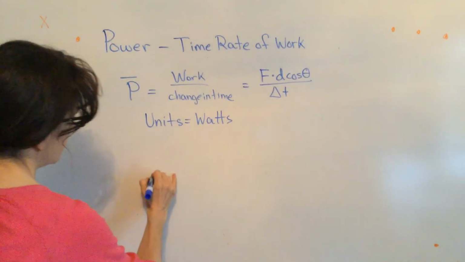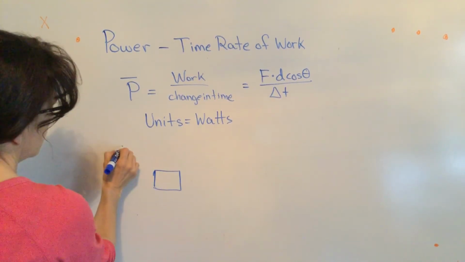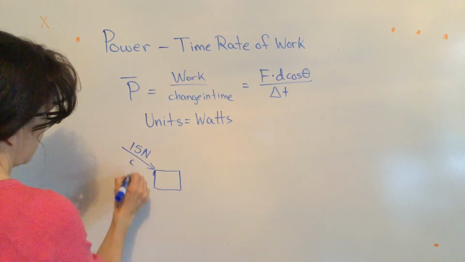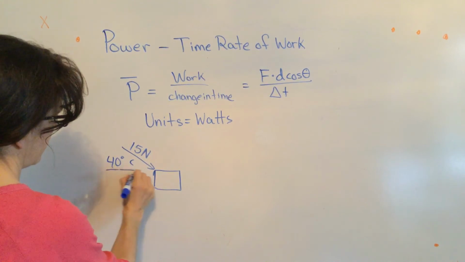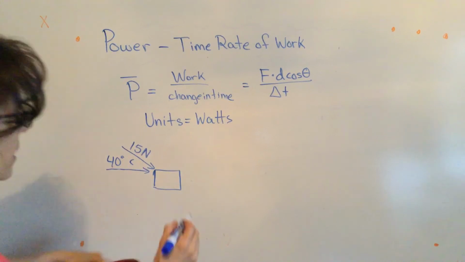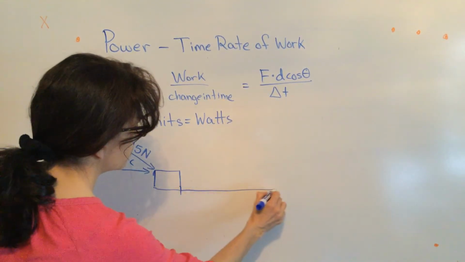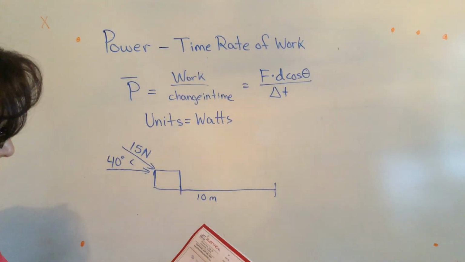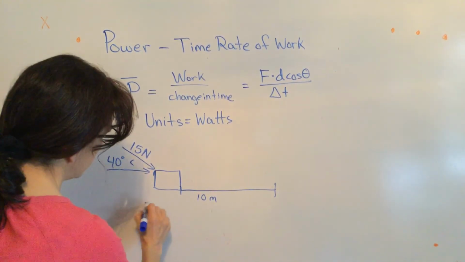Well, let's take a look at an example. Here's our box. We're going to apply a force of 15 newtons at an angle of 40 degrees. Again, we're going to want the component that's being applied parallel to the direction of the motion, and we're pushing it across a flat surface of 10 meters.